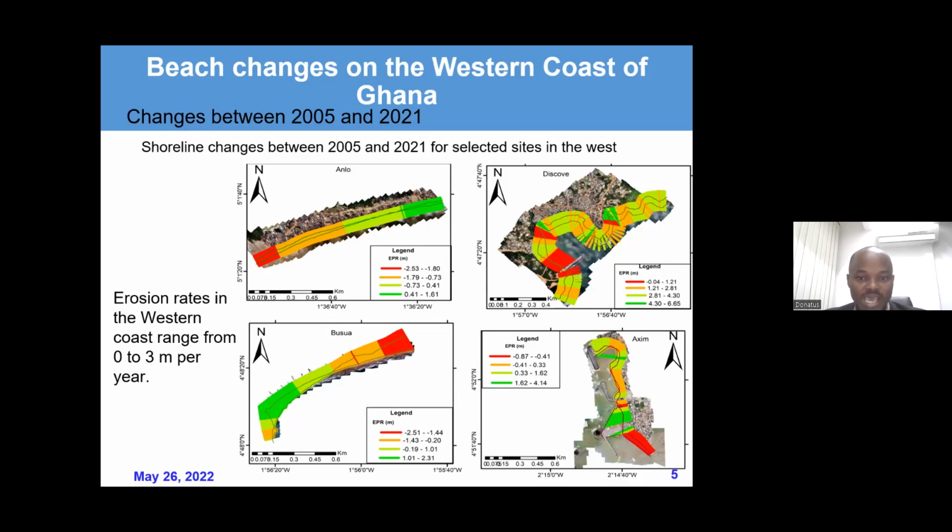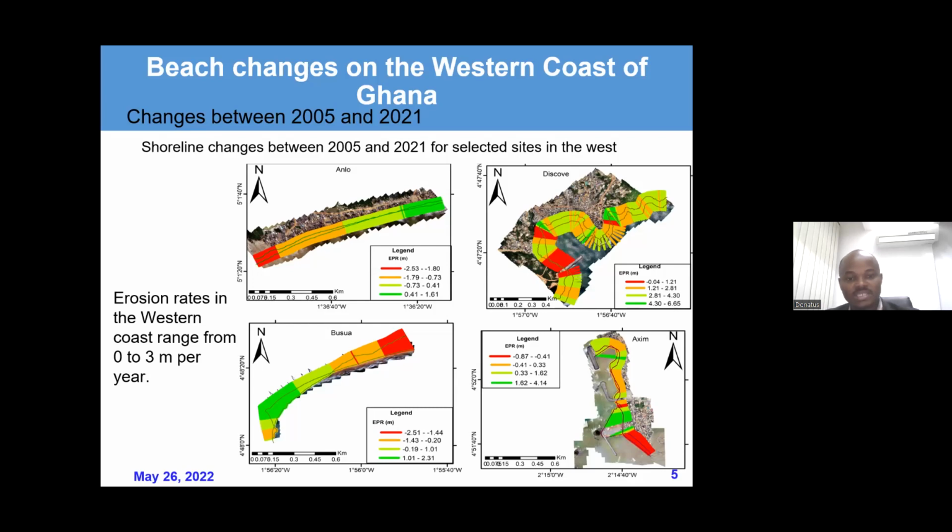At areas where we have sea defenses, for example, Discof and ACECoR, as you can see, to manage the erosion, the rates are reasonably low. But at Angnuureng Beach and Abusia, where we do not have protection, the rates seem high.